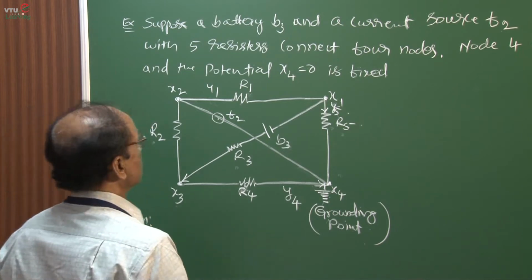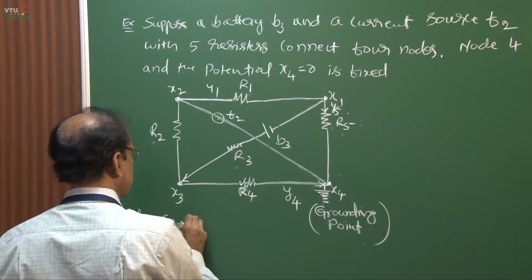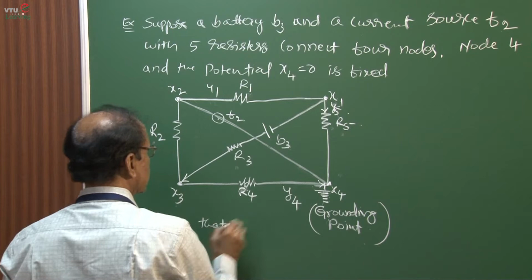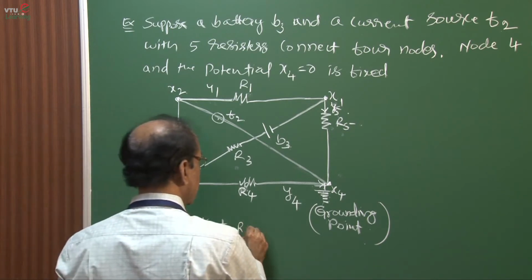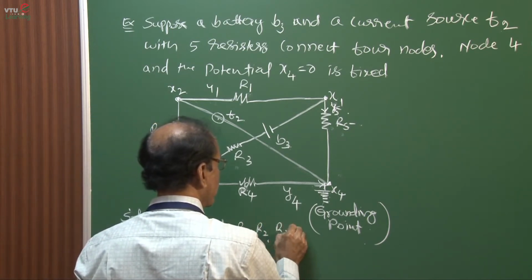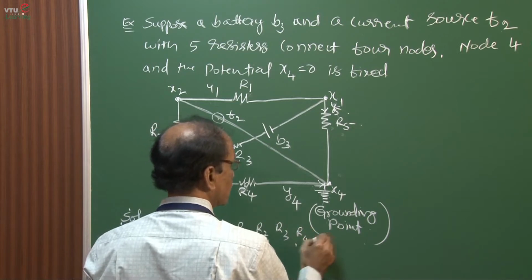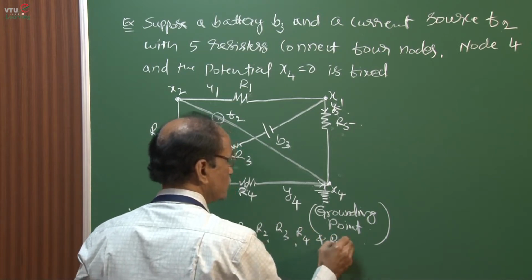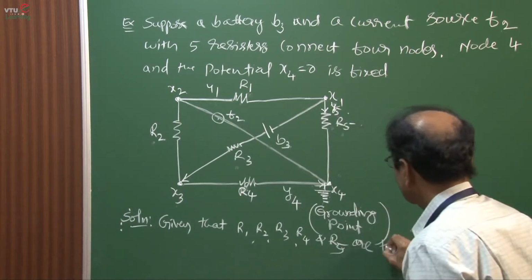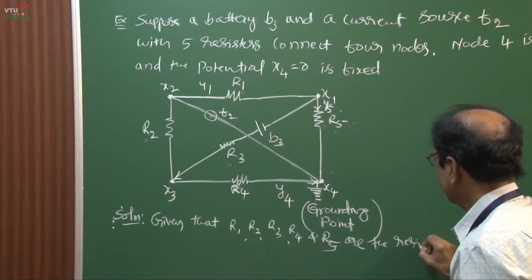So here, given that, how many resistances? Given R1, R2, R3, R4 and R5 are the resistances.